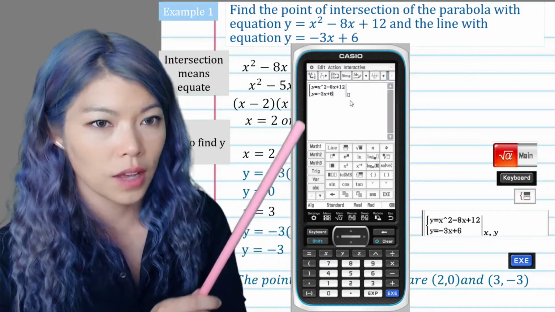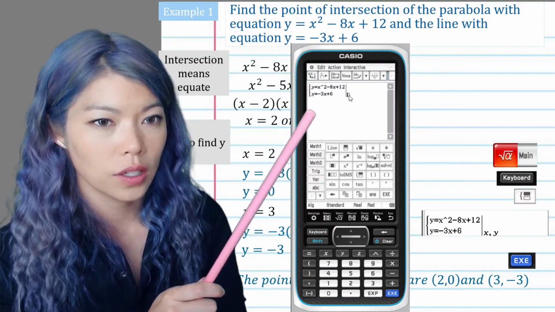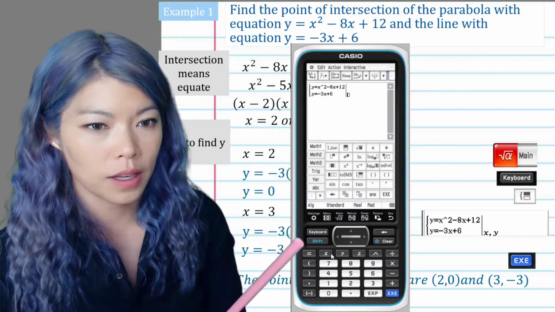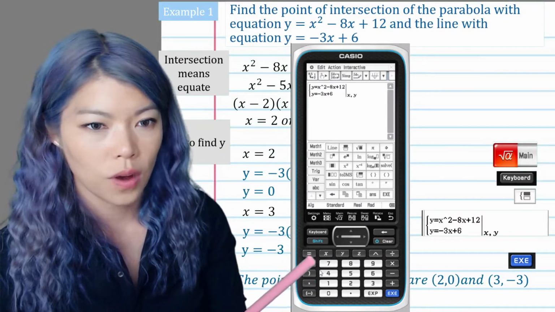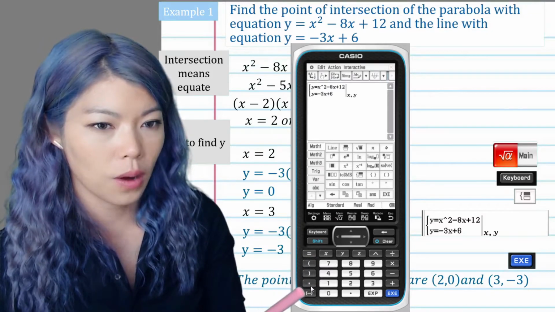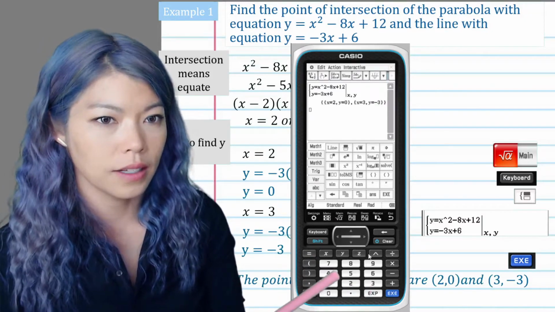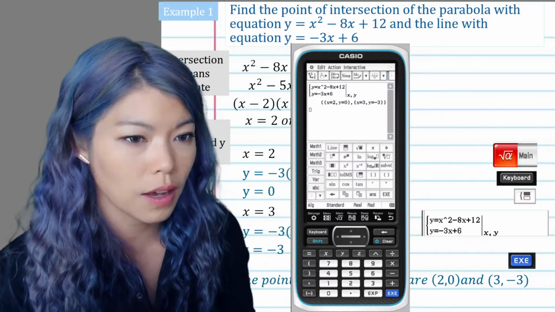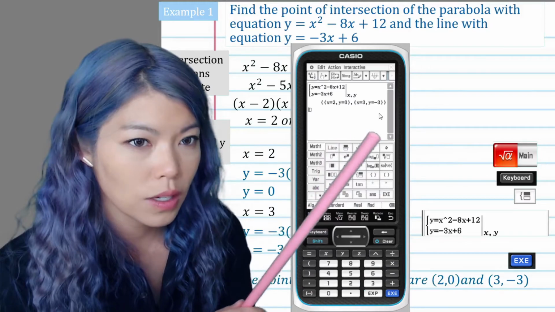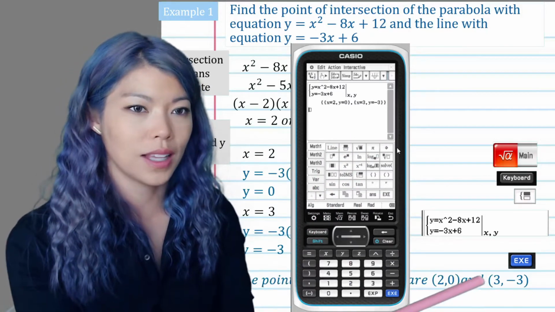Then we have to tell the calculator what we want. In this last little box, we type in x, and we want y, separated with a comma. The comma is here. Then hit enter, and ta-da, we have x is 2 and y is 0, so that's our first point, and x is 3 and y is minus 3, which is our second point.